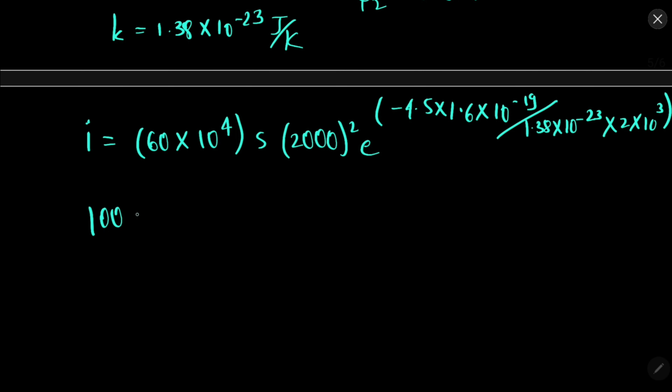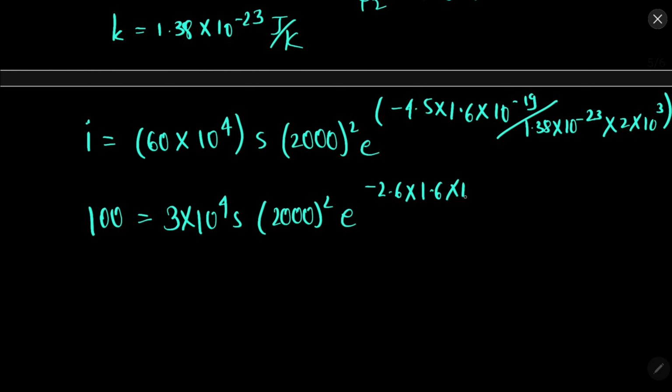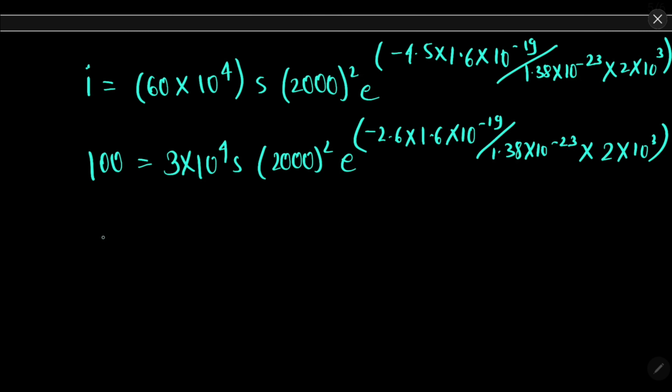So 100 equal to 3 into 10 to the power 4 A S 2000 square e to the power minus 2.6 into 1.6 into 10 to the power minus 19 over 1.38 into 10 to the power minus 23 into 2 into 10 to the power 3. So we have these two equations.